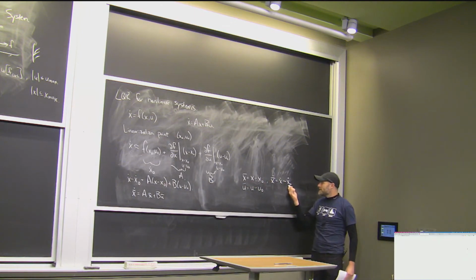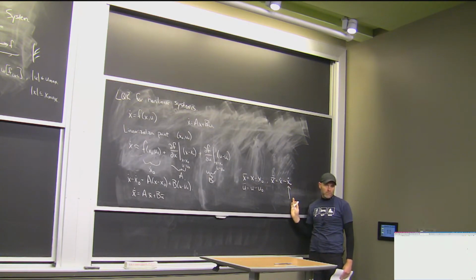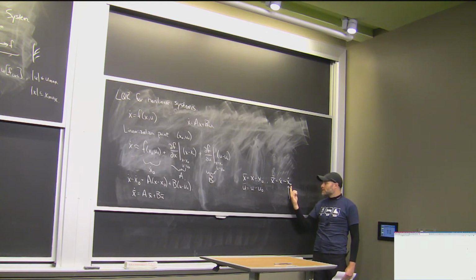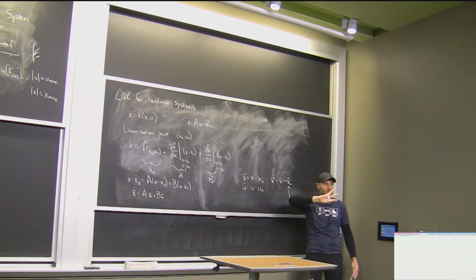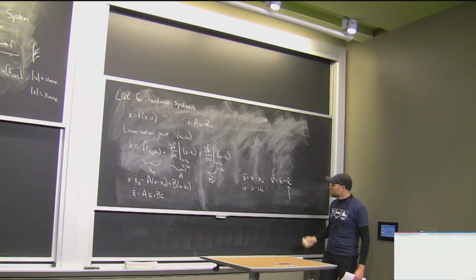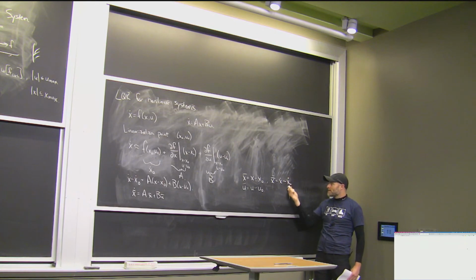Now, what does it mean to have my nominal point dot, the derivative of that nominal point? It's a little weird. If this is non-zero, then it's like I have a moving coordinate system. My coordinate system is moving over time. For today, we'll be happy to take that to be equal to 0, so we'll just have a fixed coordinate system.